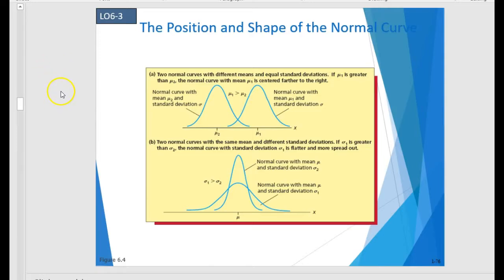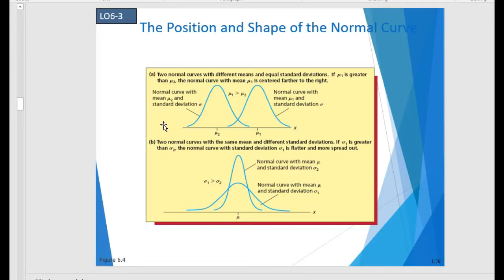This is just talking about the position of the curves. The higher the mean is, the more shifting that occurs. And then the taller a curve is, the smaller its standard deviation.